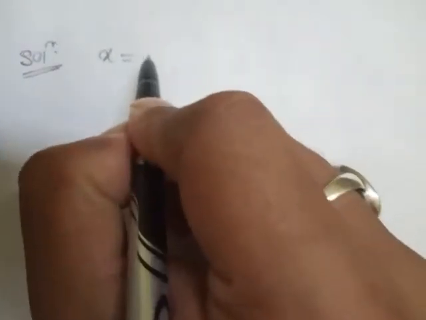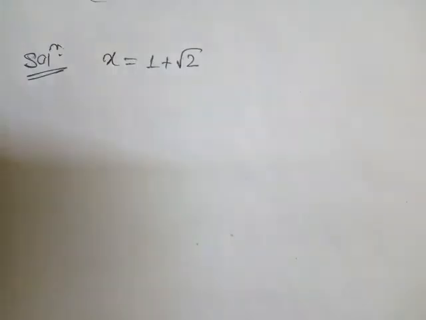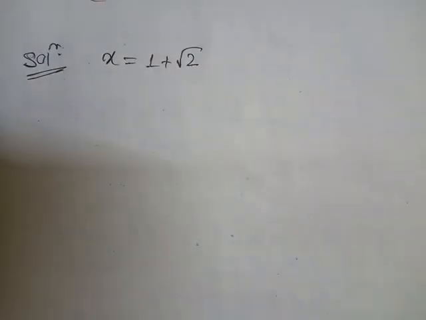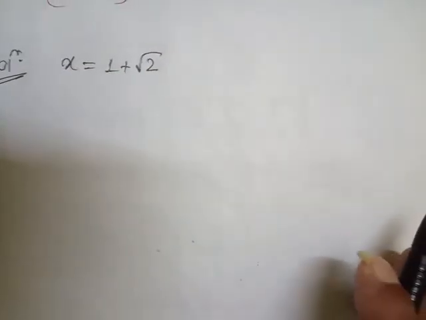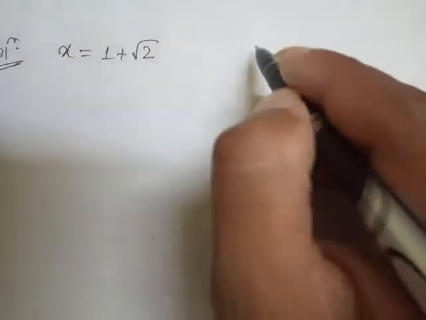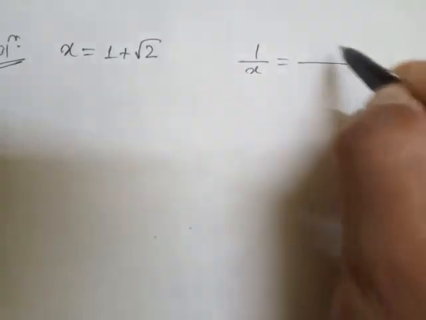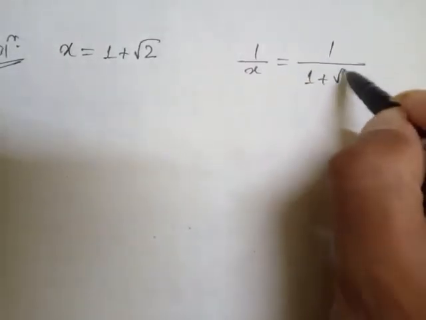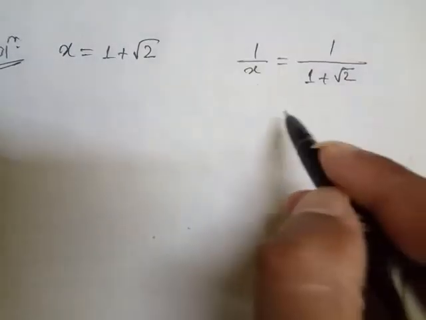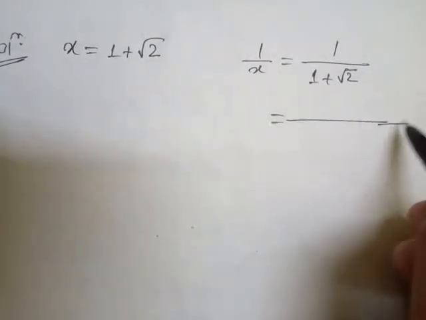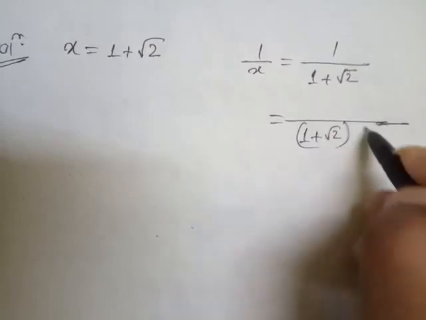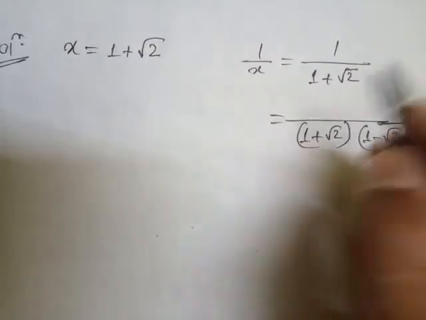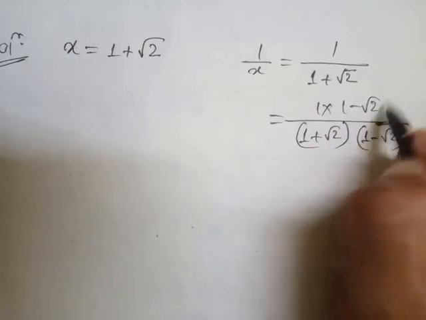Then x equal to 1 plus root 2. Now next one would be, if I write here 1 by x equal to 1 by 1 plus root 2, then go for the rationalization in the denominator, 1 plus root 2 and 1 minus root 2, then 1 into 1 minus root 2.